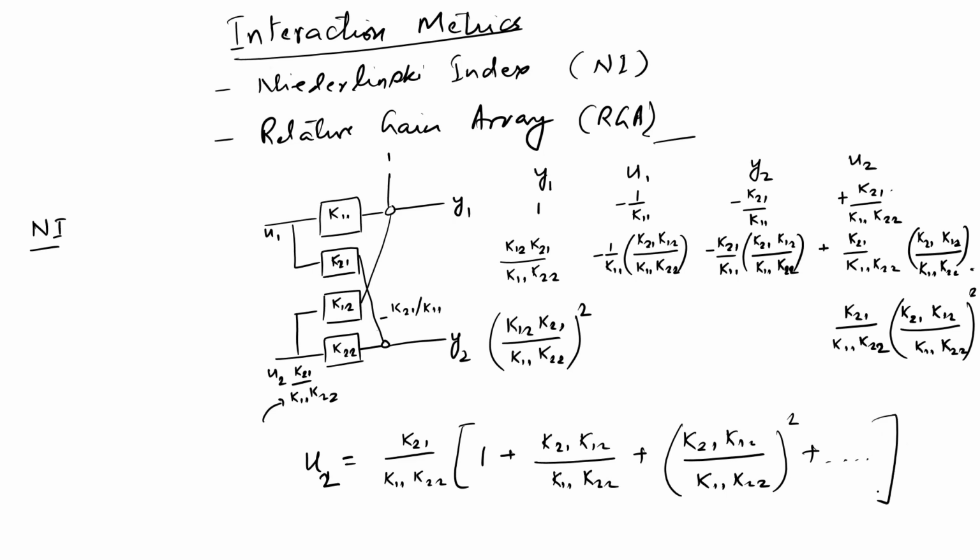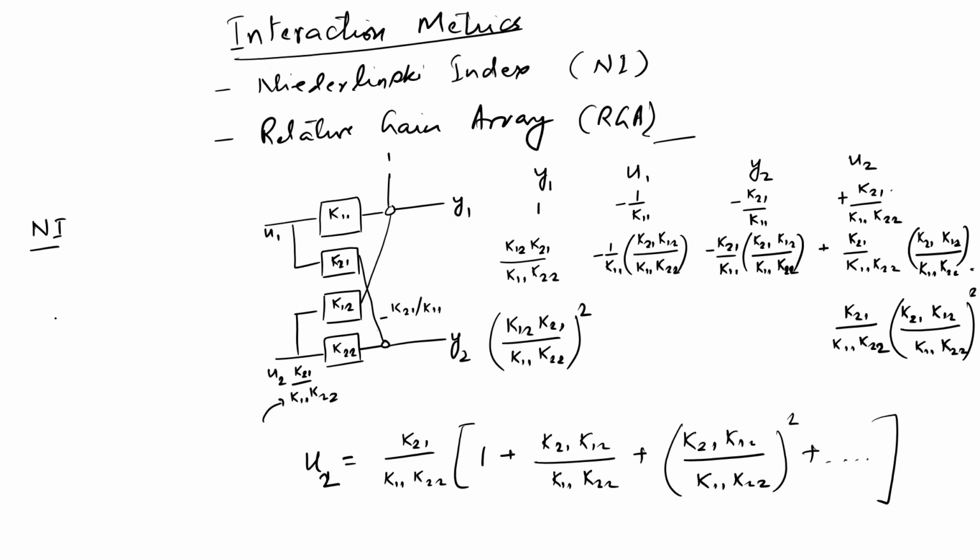You can see that this is a geometric progression, and U2 will be finite, that means U2 would be stable, if the geometric progression ratio is less than 1.